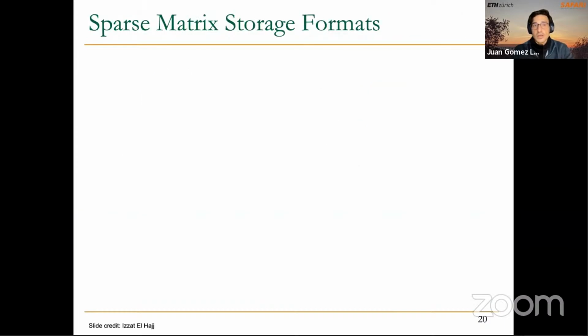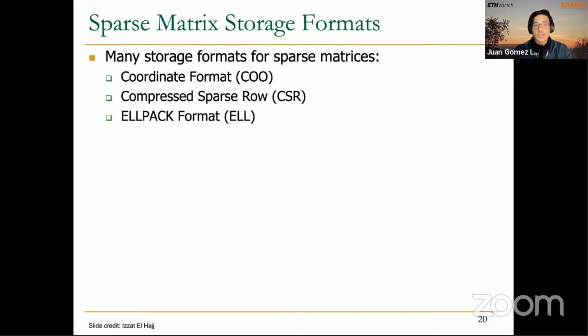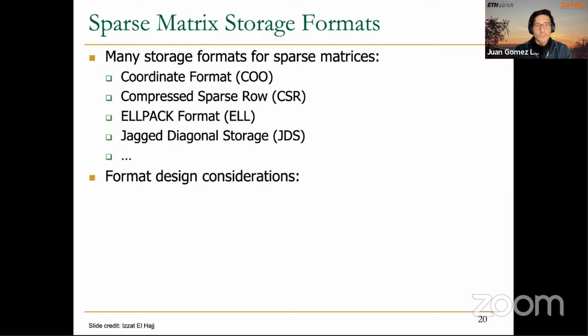Some of these storage formats can be the coordinate format, COO, the compressed sparse row format, CSR, the ELLPACK format, ELL, and the Jagged Diagonal Store, the JDS. And there are more. We are going to talk even about a couple more today.